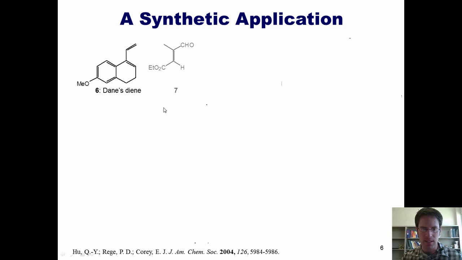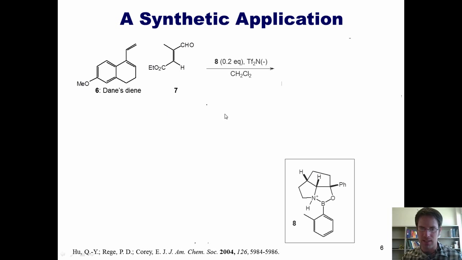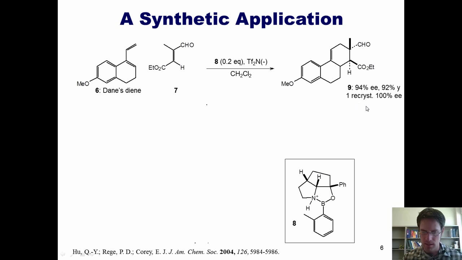Now, since its discovery in the late 1920s, the Diels-Alder reaction has probably been used to synthesize literally tens of thousands of molecules. Here's one example I thought I'd show you from Professor E.J. Corey's group at Harvard, which in 2004 reported treating molecule 6, called Danishefsky's diene, with dienophile 7 and chiral catalyst 8, to stereoselectively give product 9, with 94% enantiomeric excess and 92% yield.